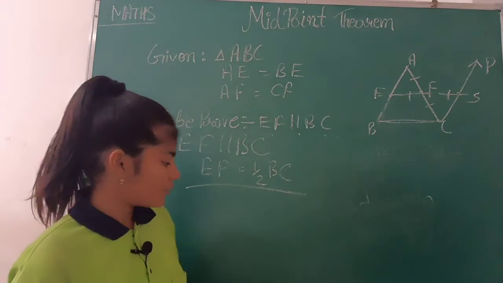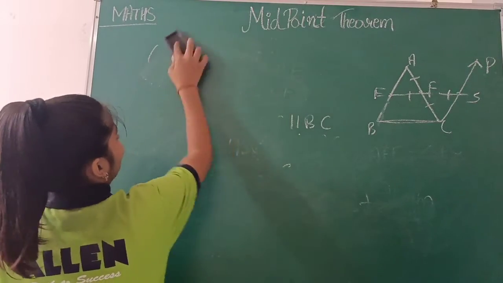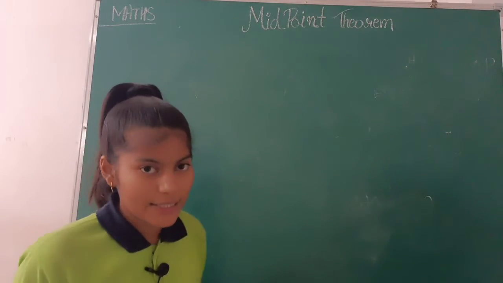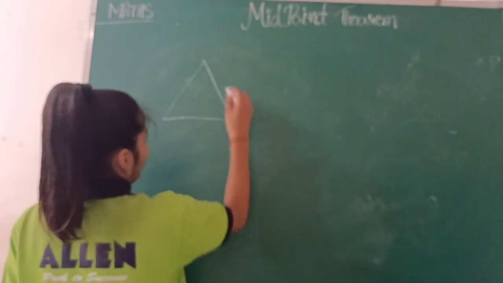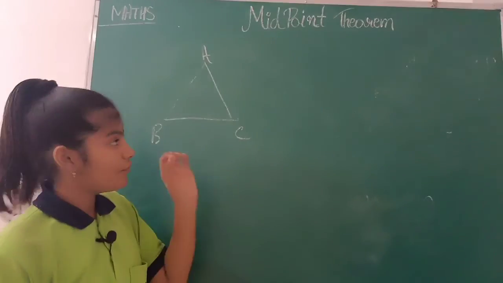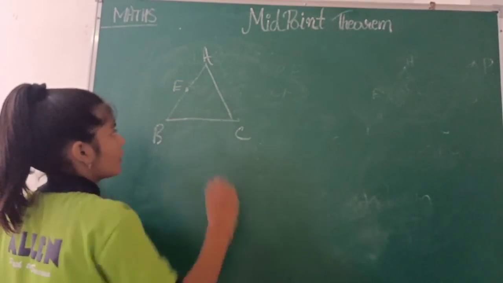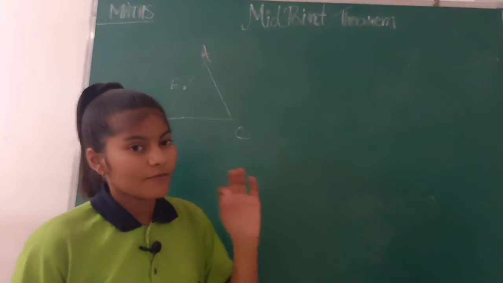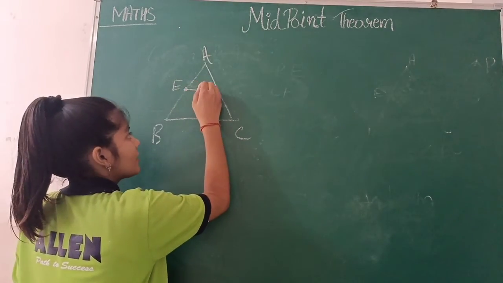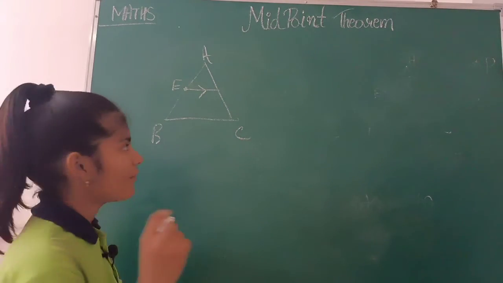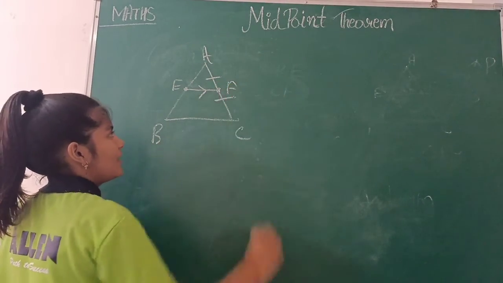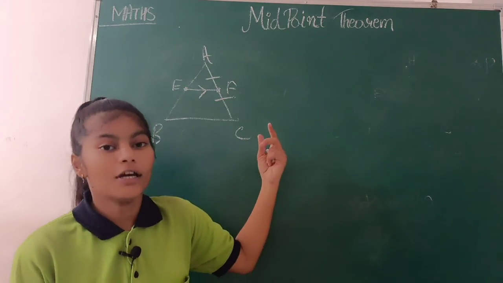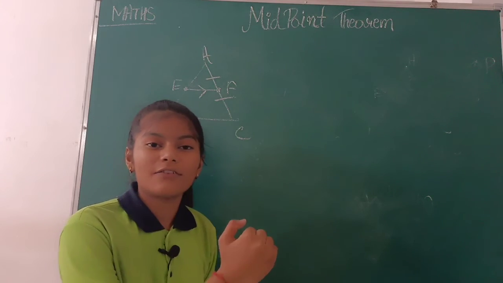So if we talk about the converse of this theorem, it says that if we take a triangle, let us again name it ABC, and we take the midpoint E of one side of that triangle, and then draw a line from that point parallel to the second side, then that line will definitely bisect the third side. It means if we take a triangle, mark the midpoint of one side, and draw a parallel line from that point to the next side, then that line will definitely cut the opposite side into two equal halves.